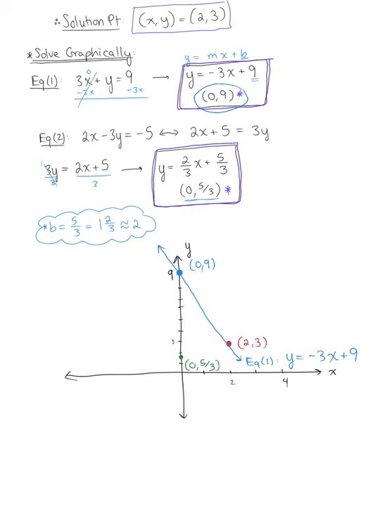So we have the y-intercept at (0, 5/3), and then connecting the y-intercept with our intersection point, or solution point, here, we have a graph of equation 2, which is y is equal to 2/3 x plus 5/3. And so this is solving our system graphically.